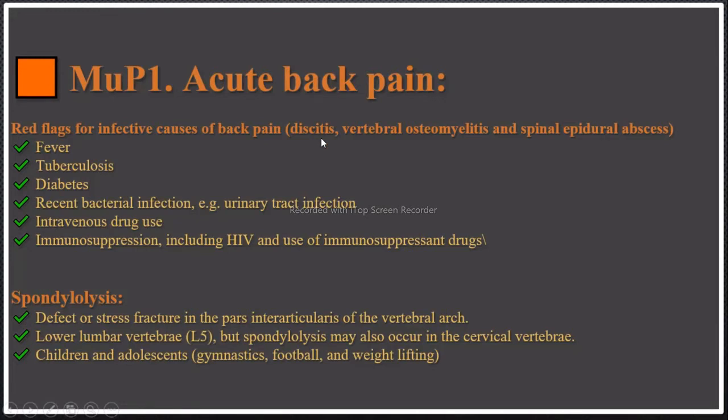Discitis means infection in the disc between vertebrae, or maybe vertebral osteomyelitis or spinal epidural abscess. If you find discitis, choose it. If you find vertebral osteomyelitis, choose it. If you find spinal epidural abscess, choose it. And of course, the management will be painkillers, analgesia, and also antibiotics.